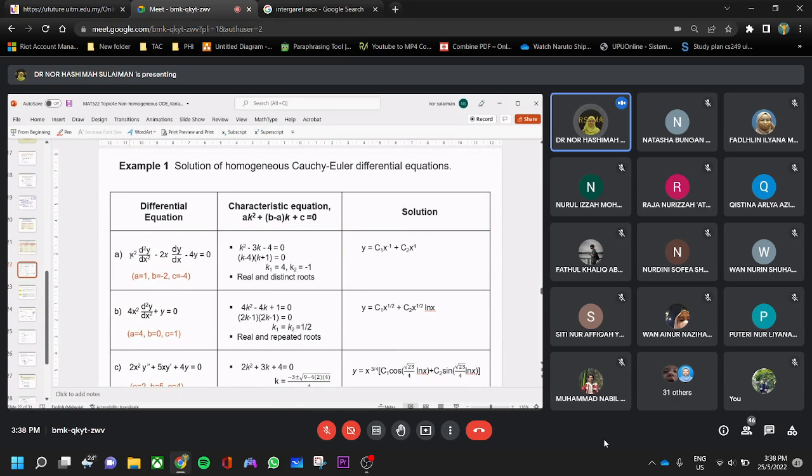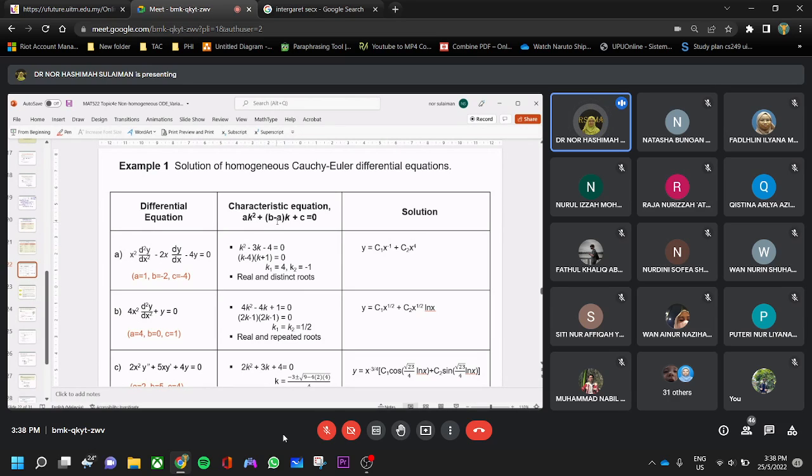A sama dengan berapa? 1 kan? Betul? B dia sama dengan berapa? Negatif 2. C sama dengan berapa? Negatif 4. Okey. Macam mana kita nak bentukkan karakteristik equation? A dia sama dengan 1. Jadi 1 K kuasa 2 tambah, tengok.